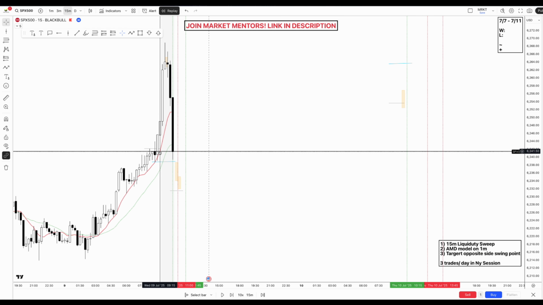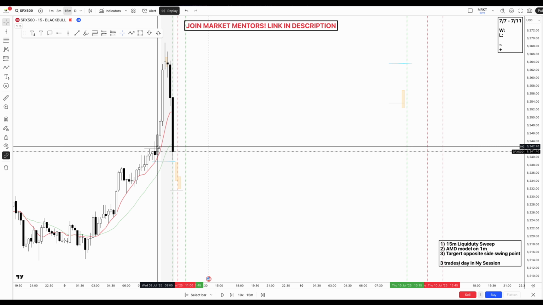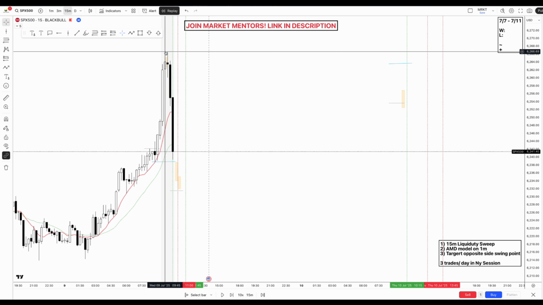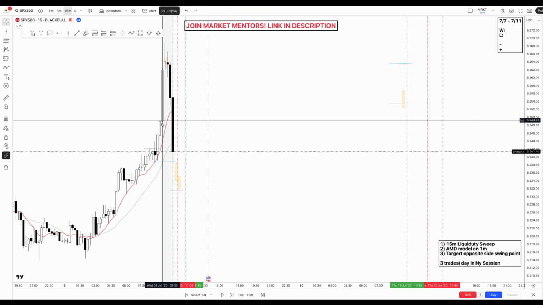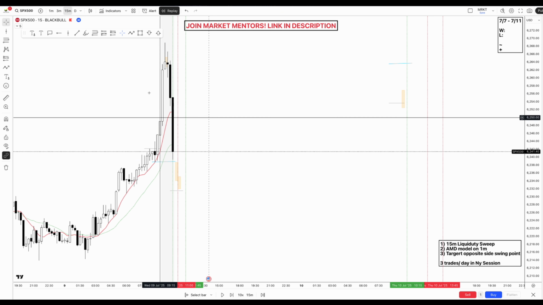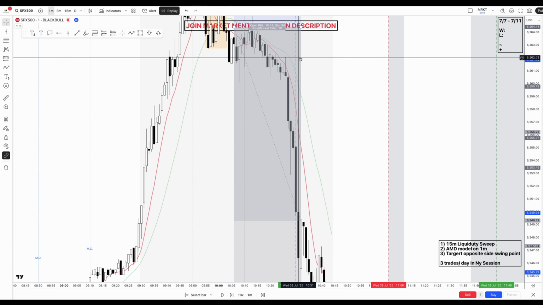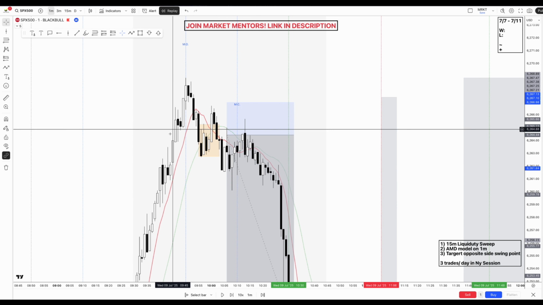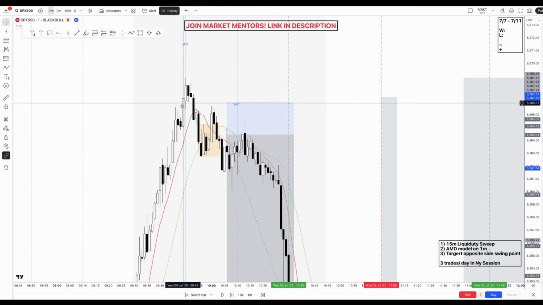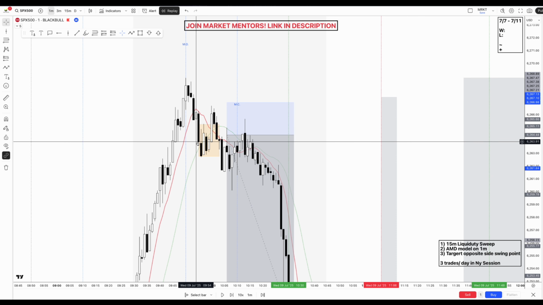Here we see a little bit of liquidity before session. Then you get a huge push up, so we're definitely looking for a sell as this buy-side liquidity is swept and pushes all this down to fill in these gaps. At the top we get a little bit of structure, but it didn't really form an AMD model because it's not a swing low here, so it rejected a little bit, then formed the AMD model.